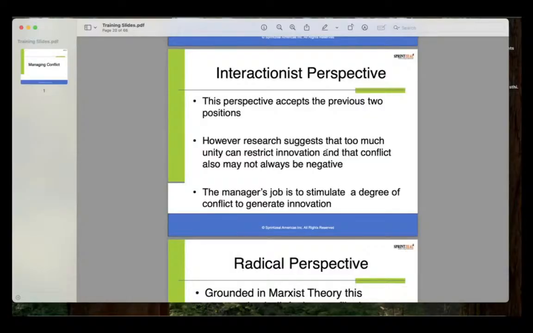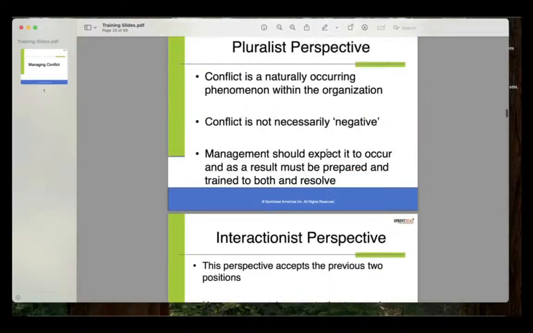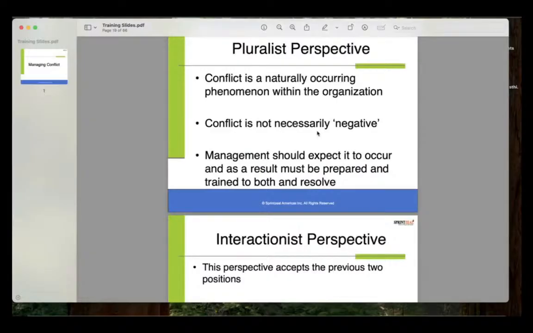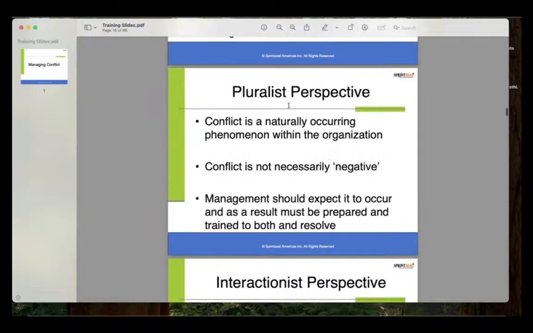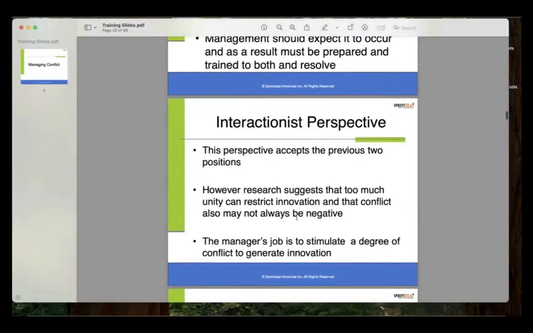In the unitarist perspective, conflict is predominantly negative. In the interactionist perspective, it may not always be negative, but there are situations where it can be negative, and it is a manager's job to stimulate a degree of conflict to generate innovation.